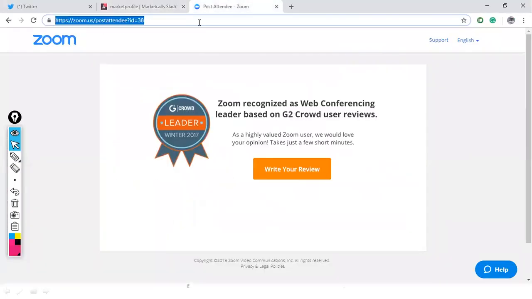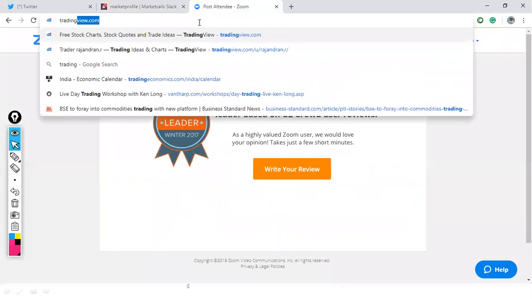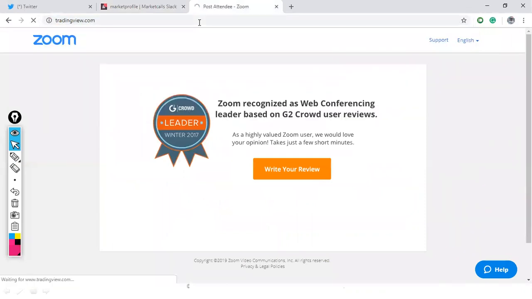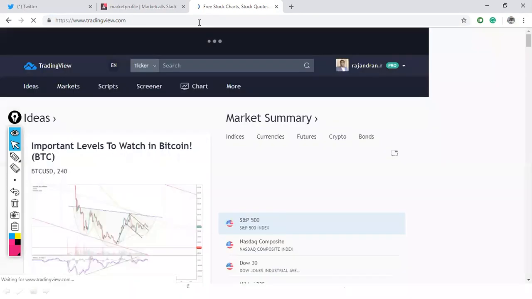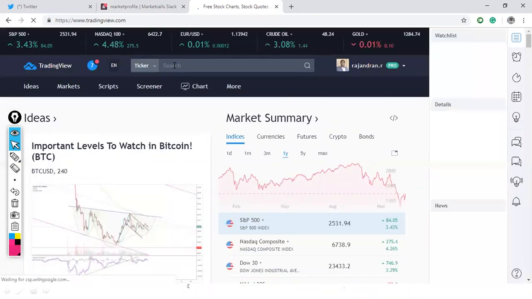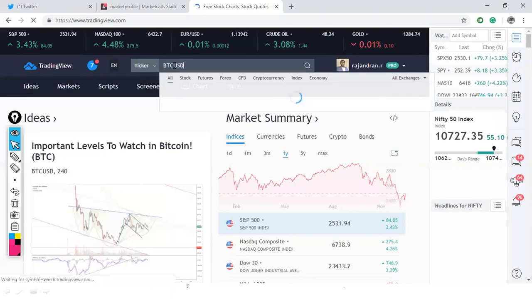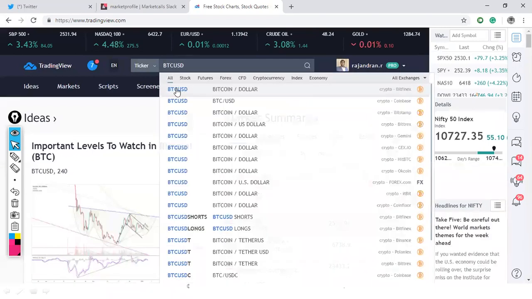Bitcoin is a cryptocurrency which recently went boom and then also went bust. I mean, in the 2017 period it went into a boom, and in 2018 it was completely bust. BTC USD is where the Bitcoin chart is all about.